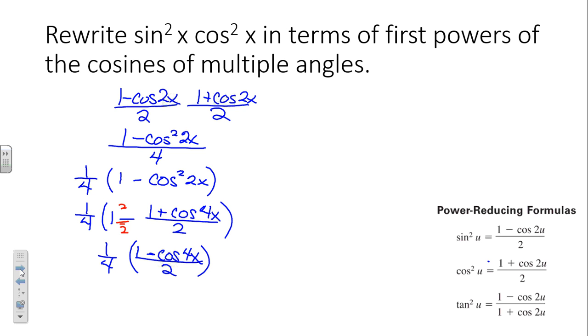One is like 2 halves, so 2 halves minus 1/2 gives 1/2. And because that negative is being distributed in, it's multiplied by that cosine of 4x, so it'll be a minus sign here. And then the last step is to actually multiply that 1/4 in. So 1 times the numerator is still 1 minus cosine 4x. 4 times 2 is 8. And we're finished.